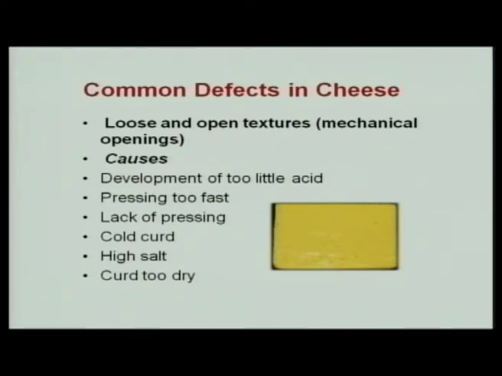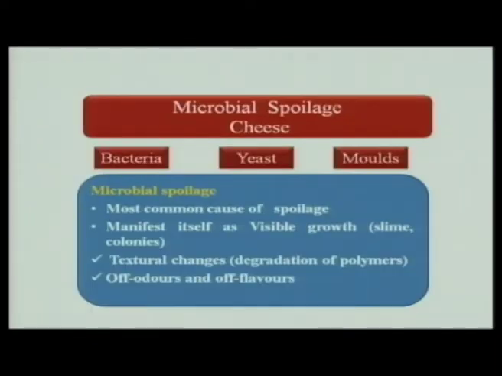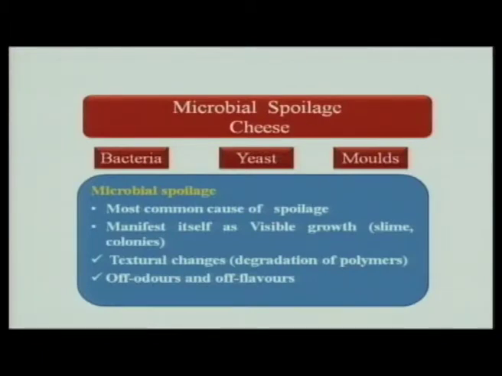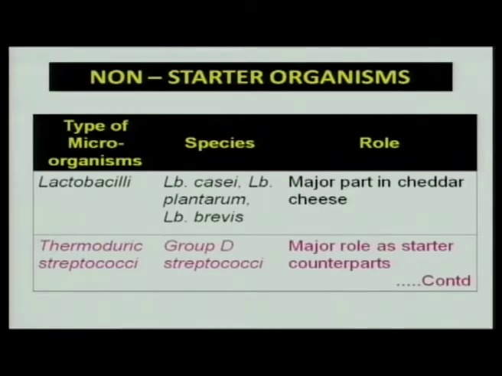The microbial spoilage is caused by bacteria, yeast and molds. Many spoilage organisms will grow, and they manifest themselves in the form of visible growth causing discoloration, or bringing about changes in the degradation of polymers like fat and proteins by producing off-flavor compounds.